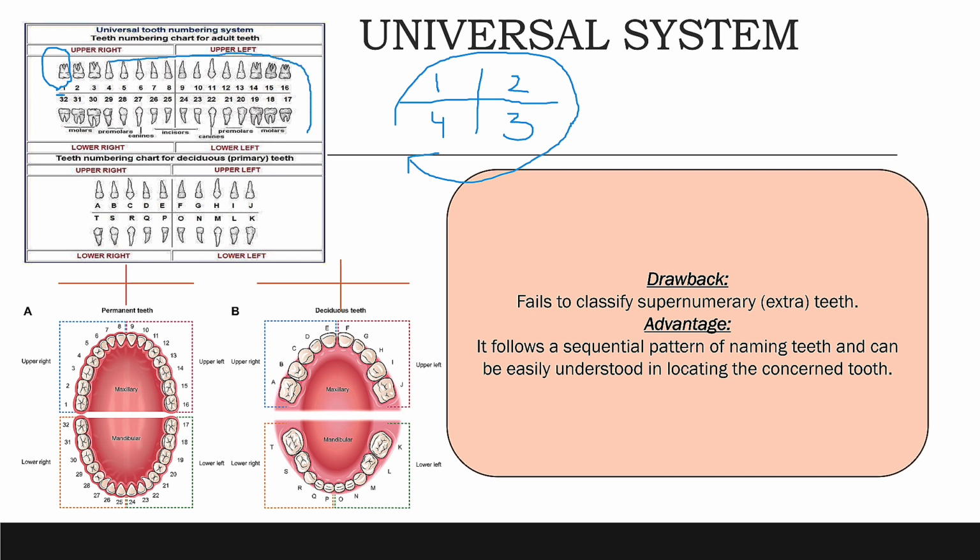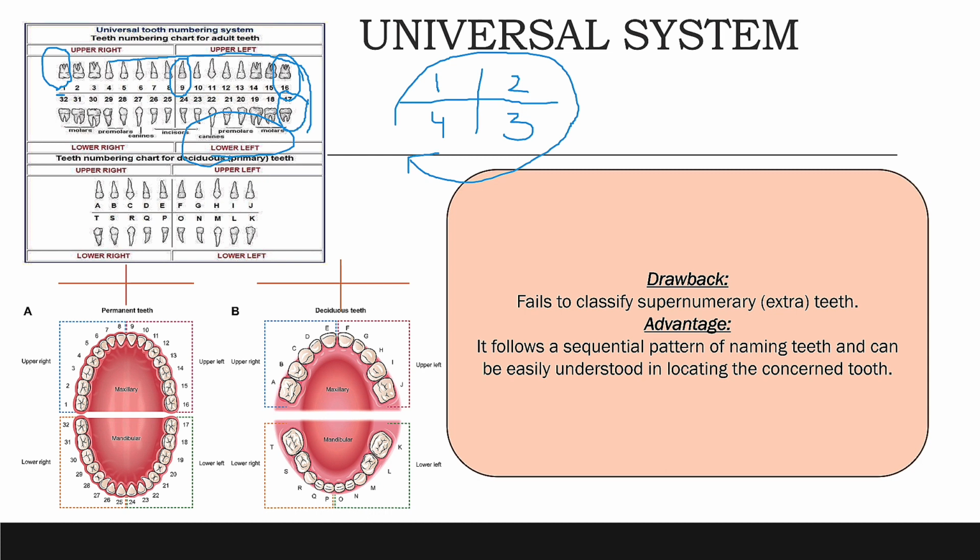Then on the upper left side, the central incisor is given number 9. Then it goes to the upper left third molar as 16. Remember, 16, not 1 and 6. Then moving to the lower side, the third quadrant, which is the lower left side, the number 17 is given to the lower left third molar.